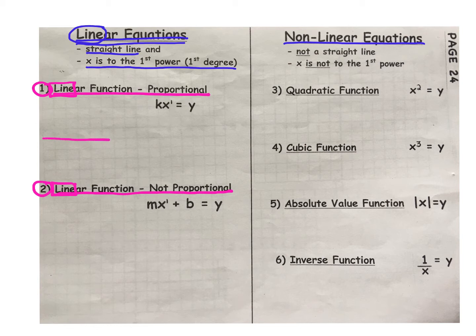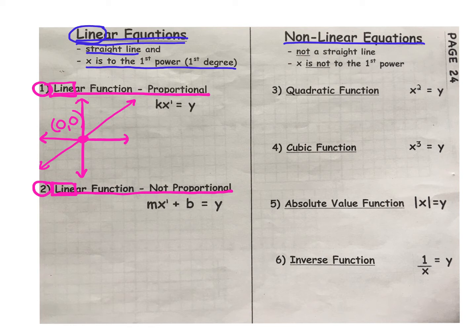But the key difference is when you take a look at a linear proportional function, these particular linear functions graph right through the origin. To be proportional, you must pass through the point 0, 0.